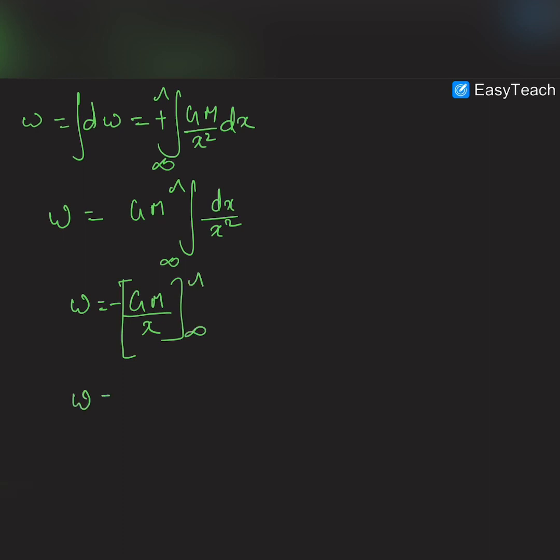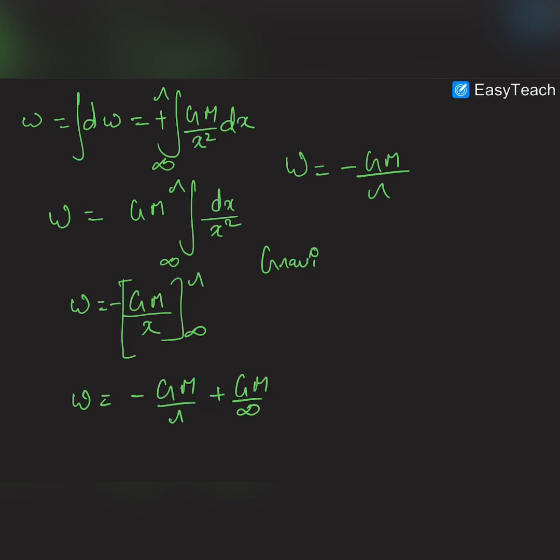So work done is equal to minus of GM by r, and this is plus of GM by infinity. So 1 upon infinity is 0. So work done in bringing this point mass slowly from infinity to that point is GM by r, and this work done is defined as the gravitational potential.